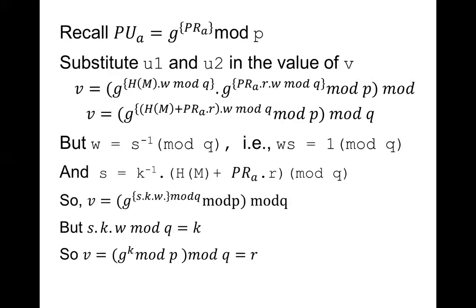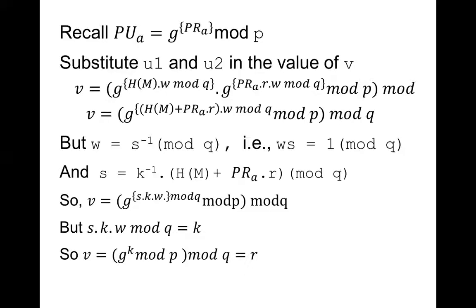And of course, W is S inverse, and so WS is equal to 1 mod Q. Okay, so that's the idea. And S is of course K inverse times H of M plus PRA times R mod Q. And so V just turns out to be S times K times W mod Q mod P mod Q. So S times K times W mod Q is equal to K. Okay.